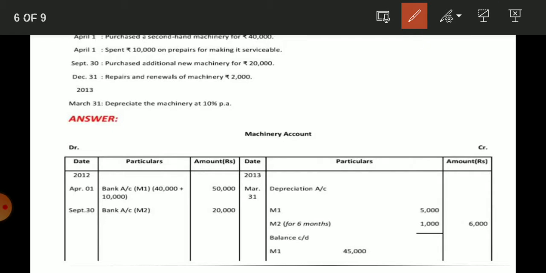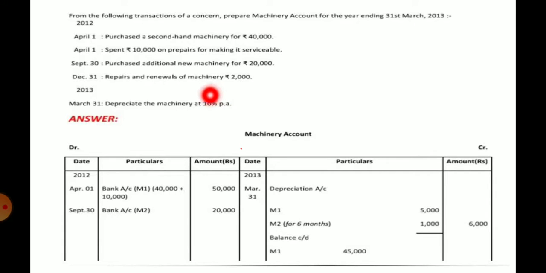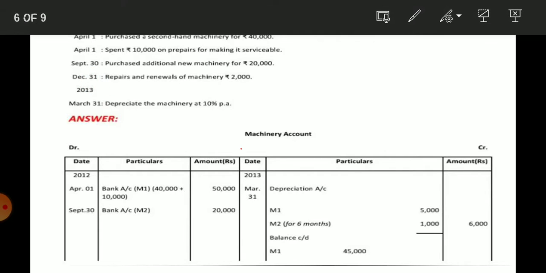So in the question, here it is written, the machinery is purchased on 30th September. So how much time does it run in the same year?